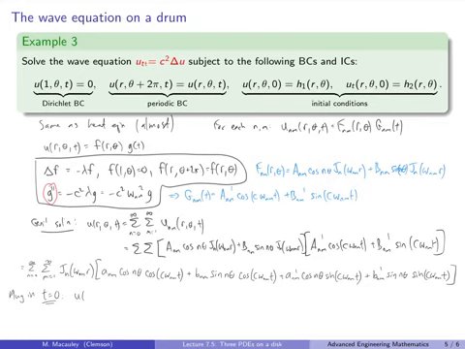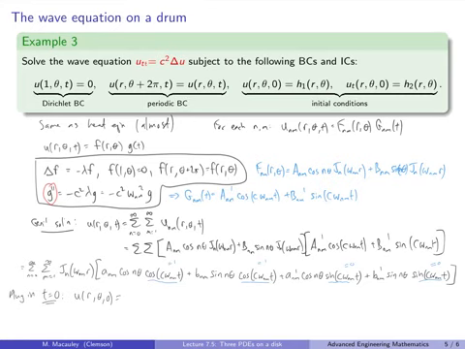And now what happens? When we plug in t equals 0, these cosines become a 1. That's why I grouped them like this. And then these sines become zeros, and so those terms just go away.